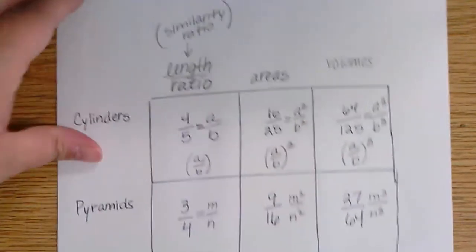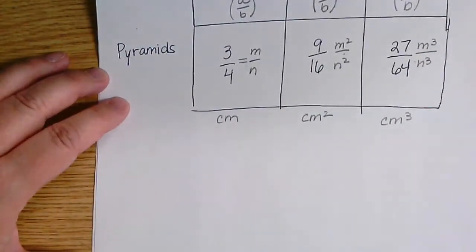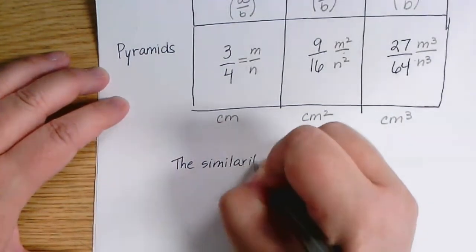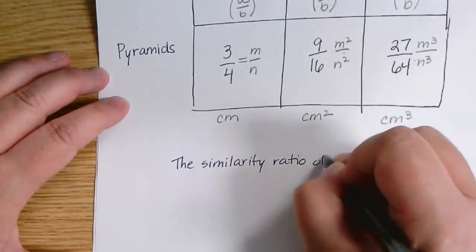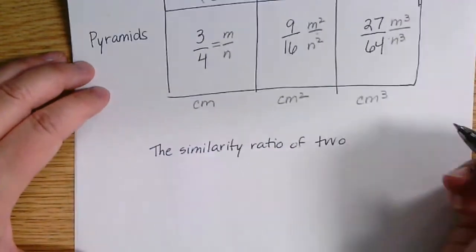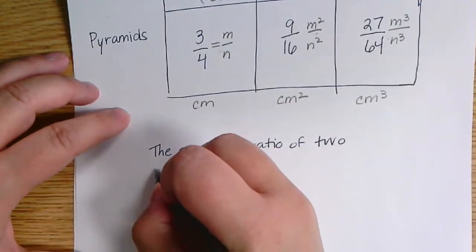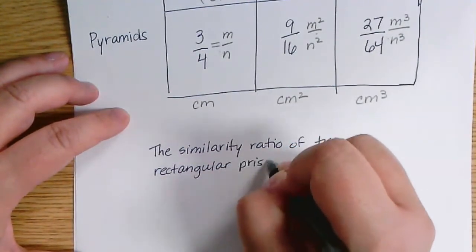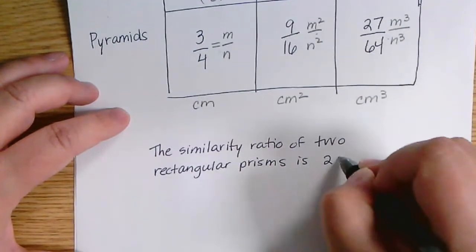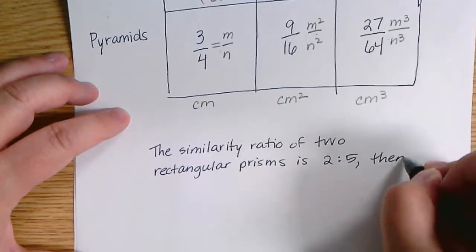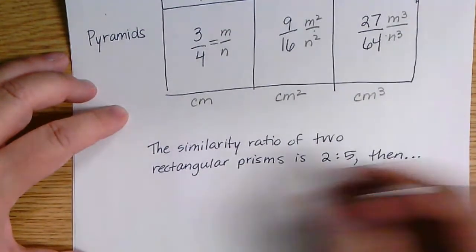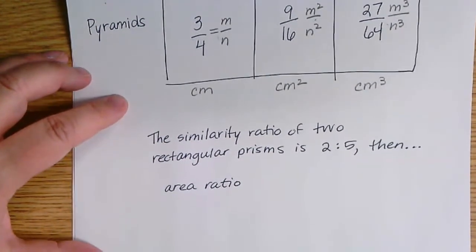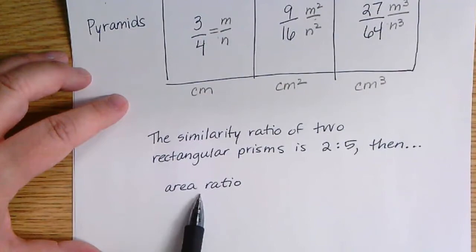Okay, so for instance, if you are told that the similarity ratio of, let's say they are, how about rectangular prisms, is 2 to 5, then we know that the ratio of any areas associated with those rectangles, with those prisms, is going to be the square of that.